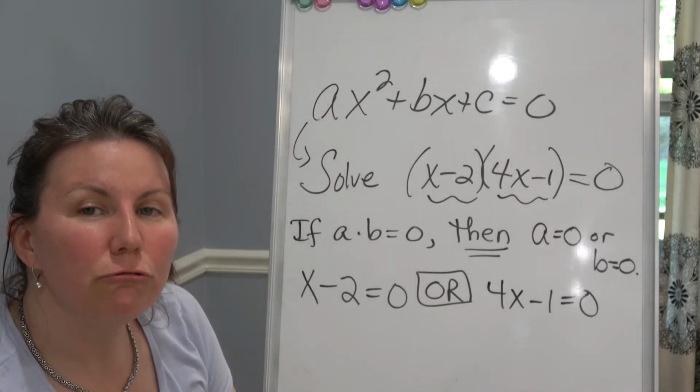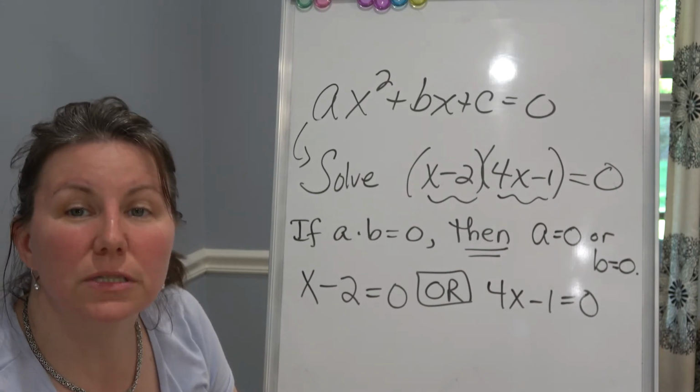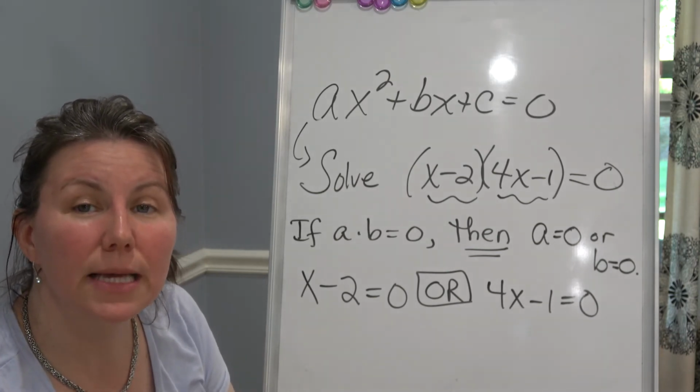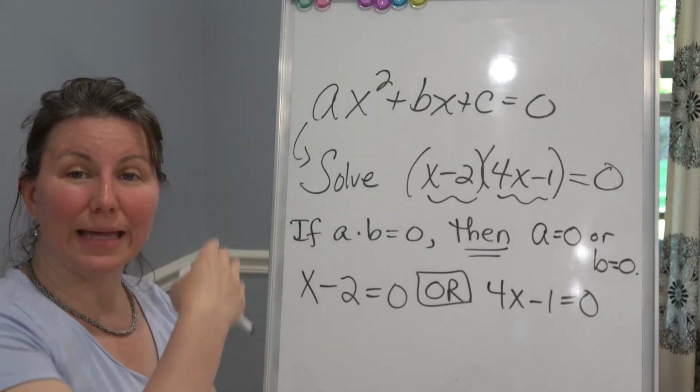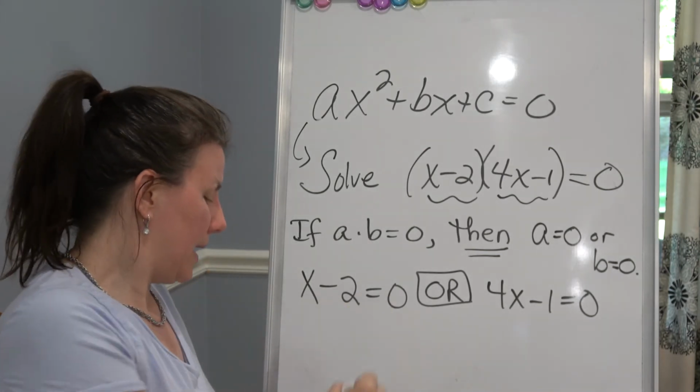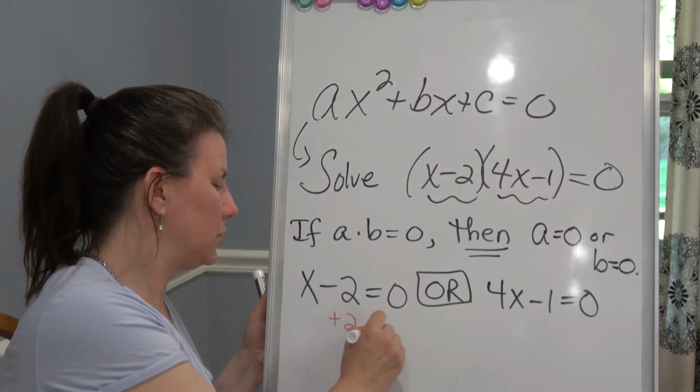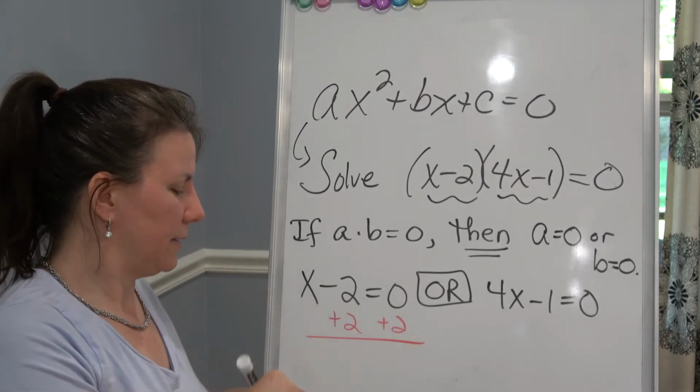So now we have two very simple equations that we really know how to solve very well. These are linear equations. And so if you take that equation now and you get x alone, you'd add 2. Sorry, the red doesn't show up.